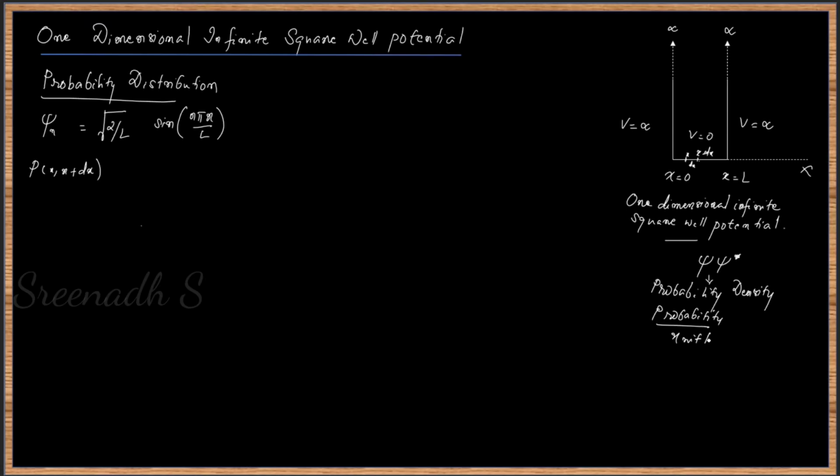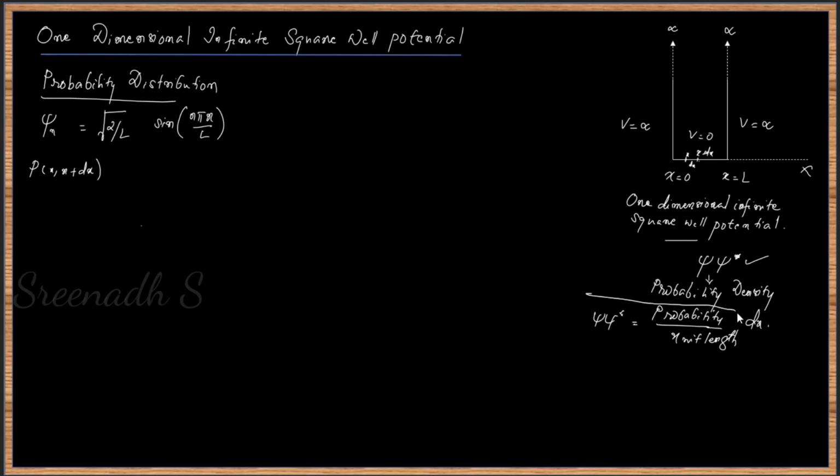So what we are going to do is, we have a length dx. For unit length, psi star is the probability, and if it is for dx length, what will be the value? Psi star is equal to probability per unit length.